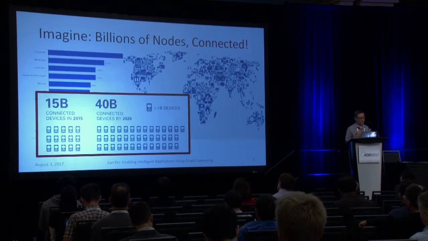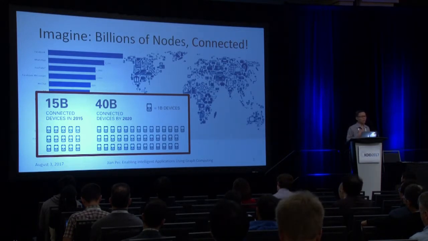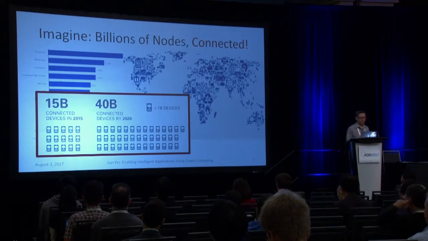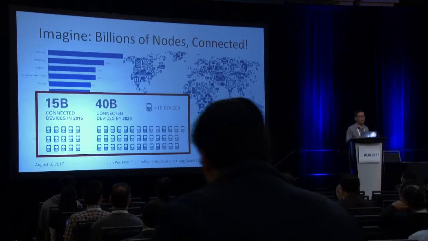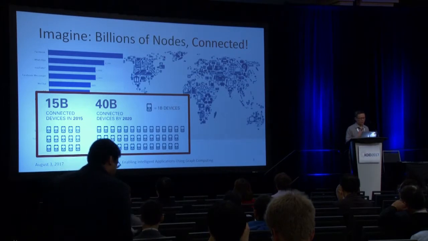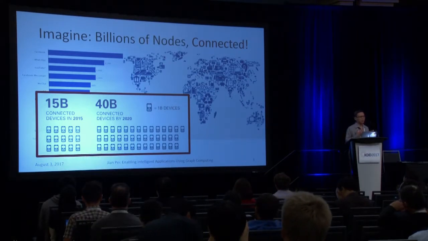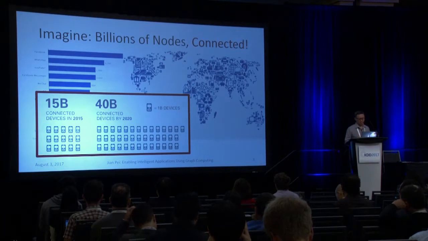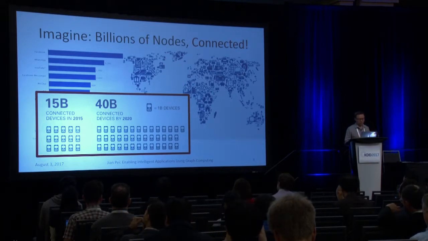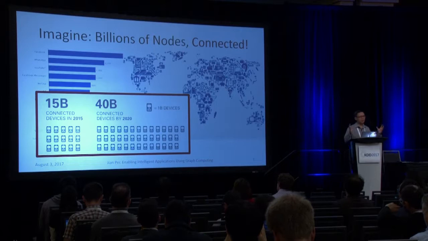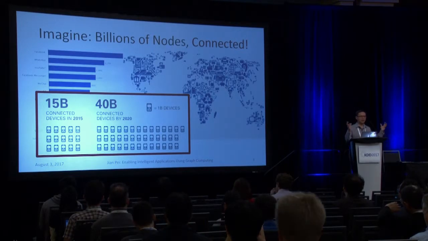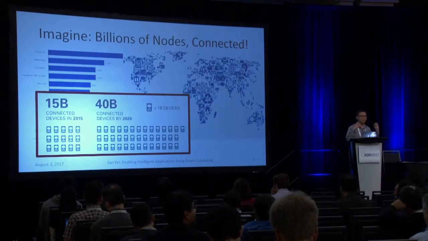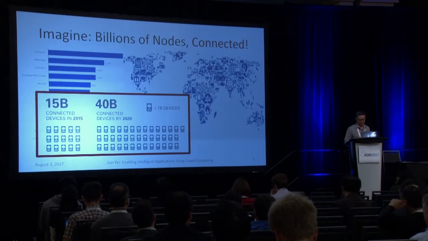To give you just some numbers to start with, in 2015, we already had over 15 billion devices connected. And by 2020, the number of connected devices will be over 40 billion, which is a huge number. And not only are those entities connected, more importantly, updates are conducted at lightning speed.